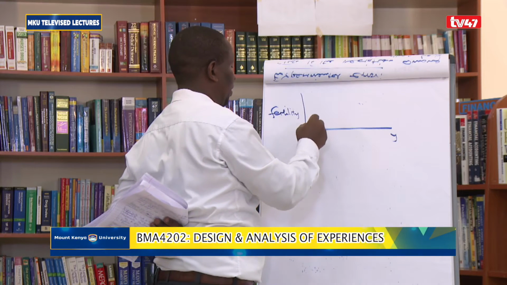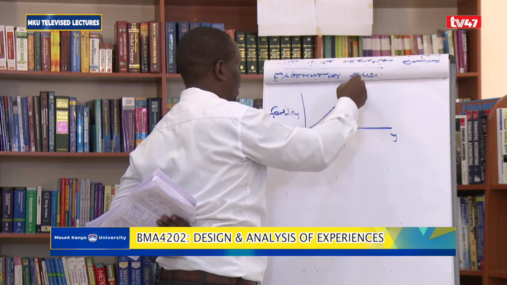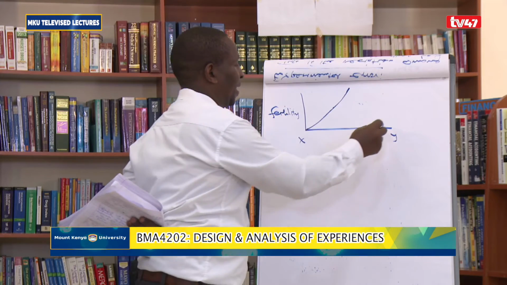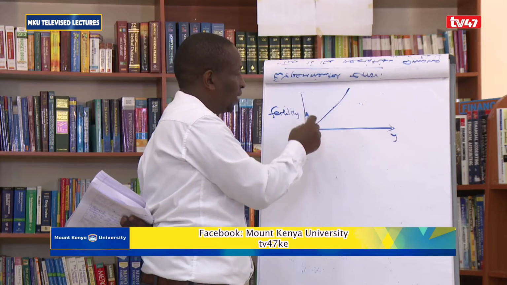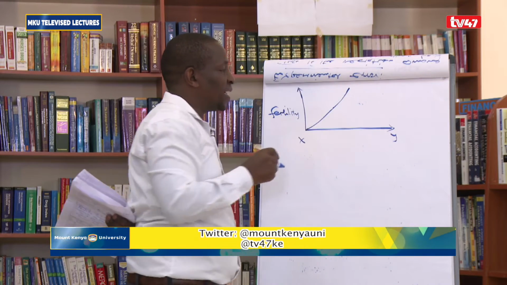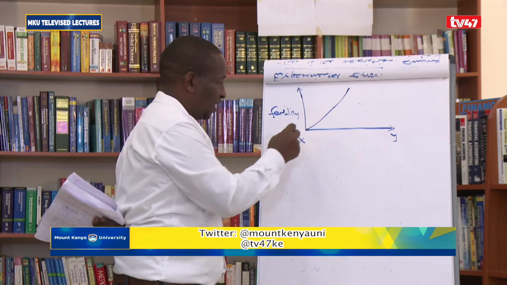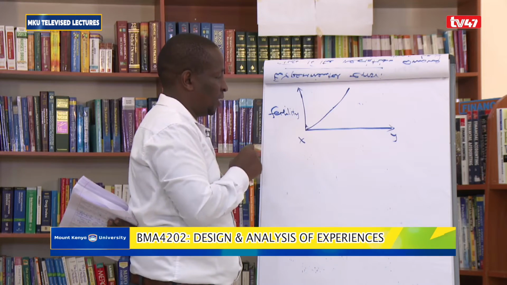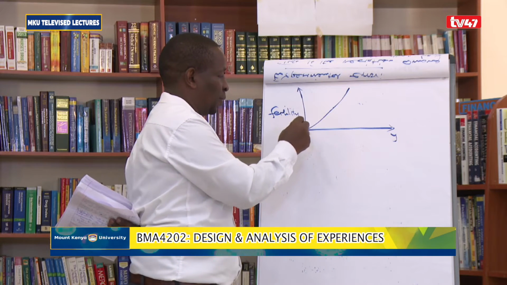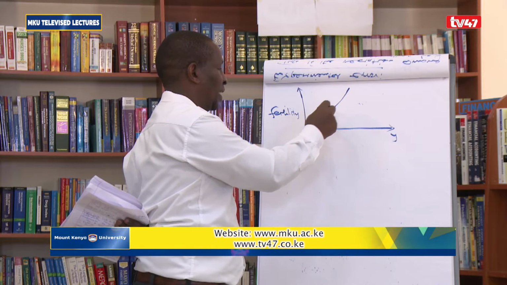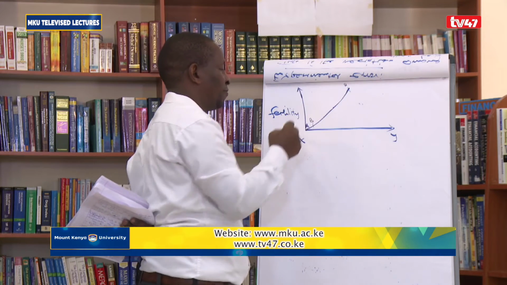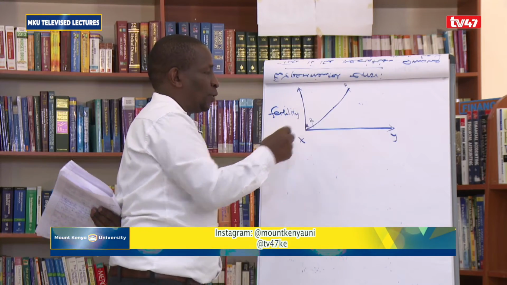Suppose there is a gradient as such, meaning that as you move from X towards Y, the plots increase in fertility. Then it means that if the first plot is assigned fertilizer A, and then B as such, then finally the final plot will have B.